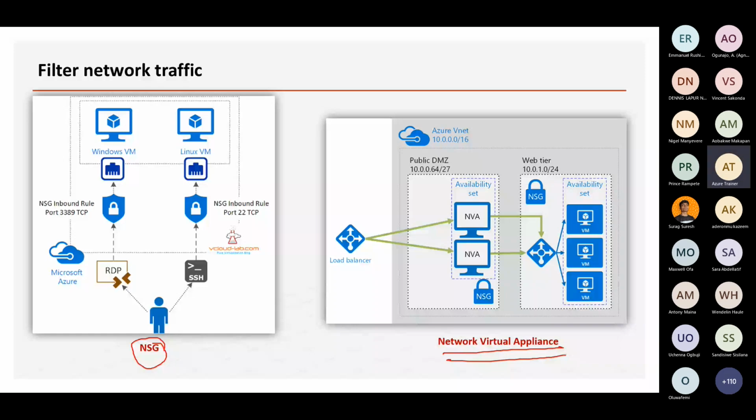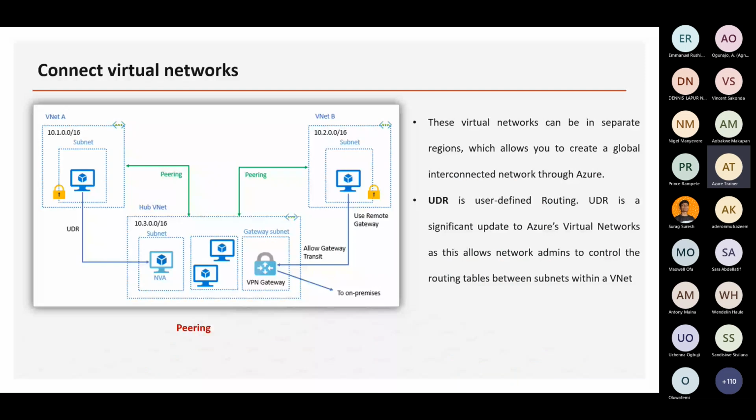Now, coming to connectivity, you may remember when we covered the concept of connecting different offices in an on-premises scenario, you may have used the concept of a router, right?